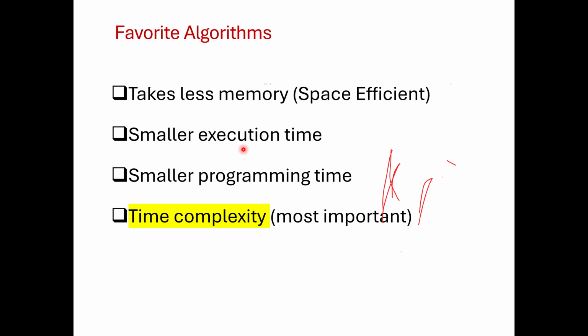Now, we can also look at things like the programming time as a criteria, but it doesn't really tell us too much. And what is most important to us is something known as the time complexity. Time complexity. And we'll talk about time complexity in just a bit.